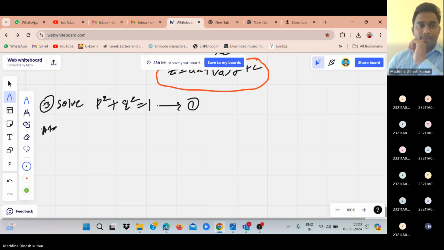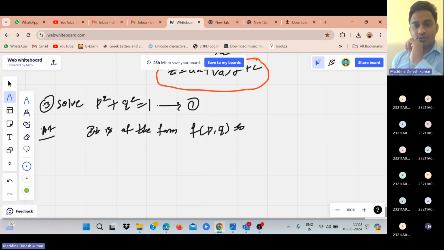It is of the form f of p comma q equal to 0. Then its solution is z equal to ax plus by plus c.